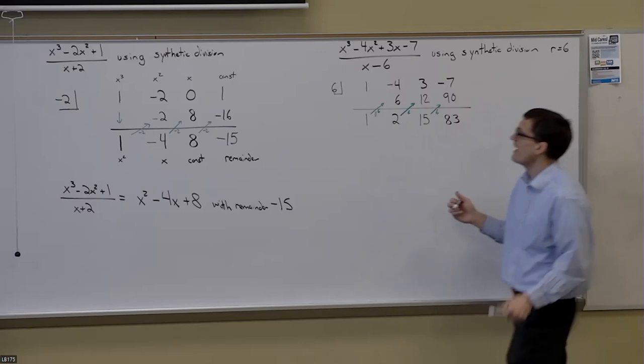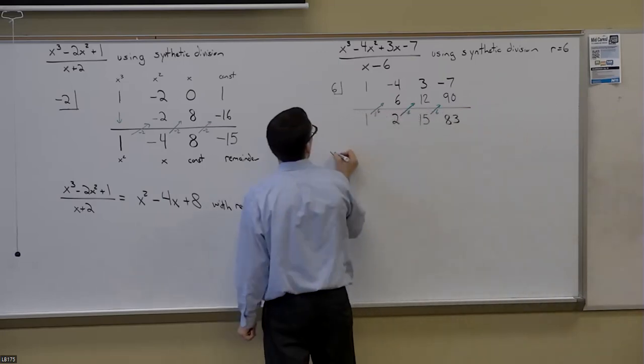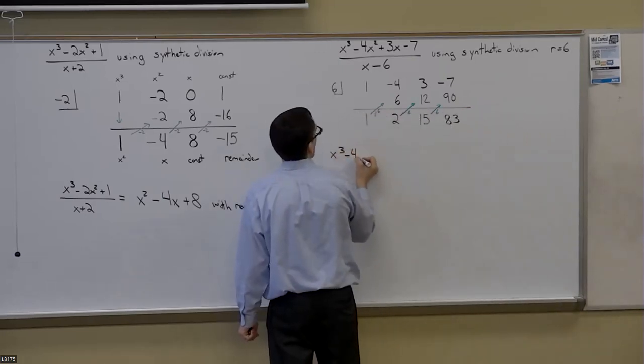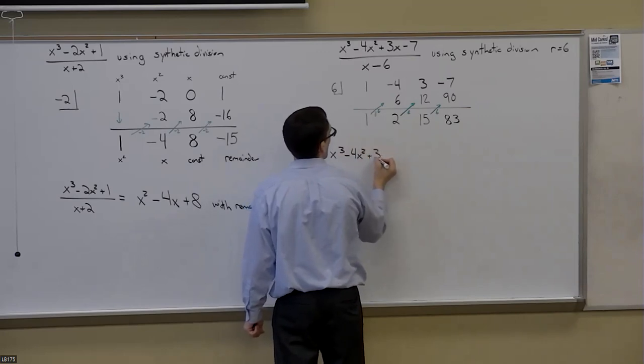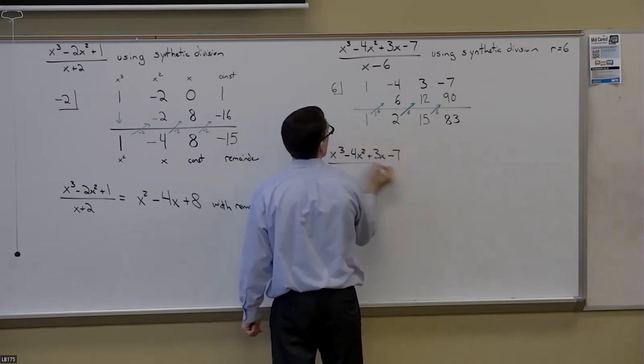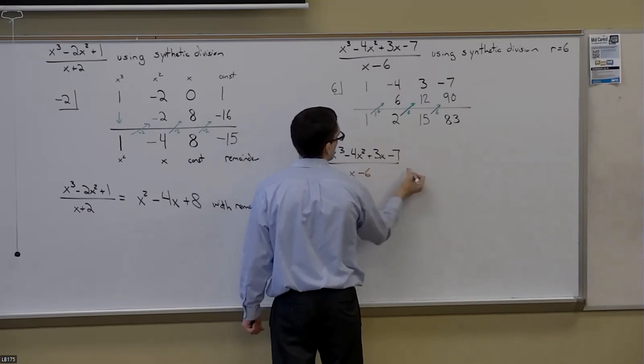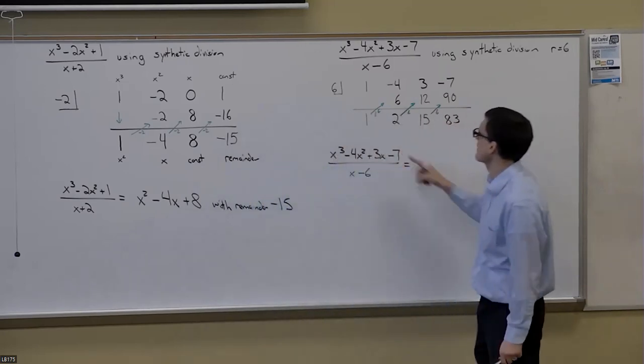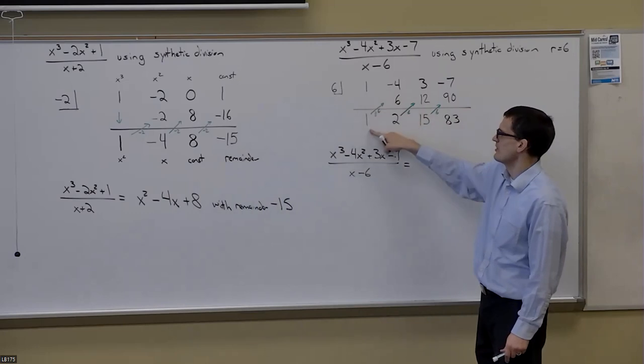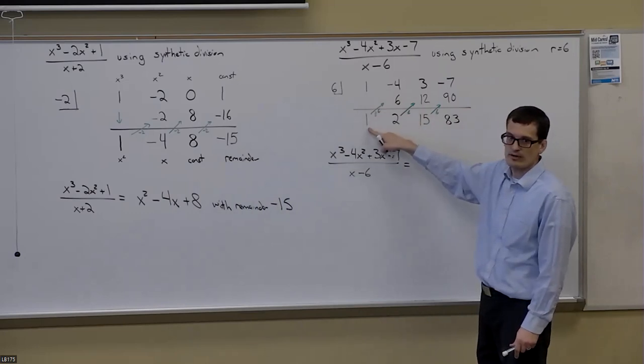So just like that, I know that x to the third minus 4x squared plus 3x minus 7 divided by x minus 6 is equal to, remember this started as x to the third, so this is going to start with x squared.